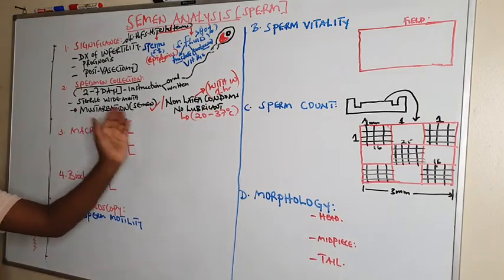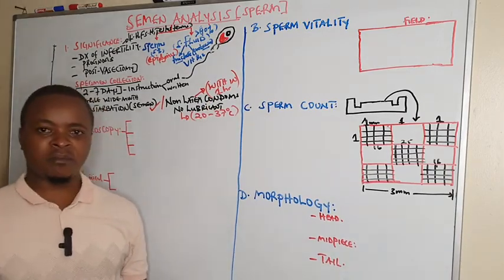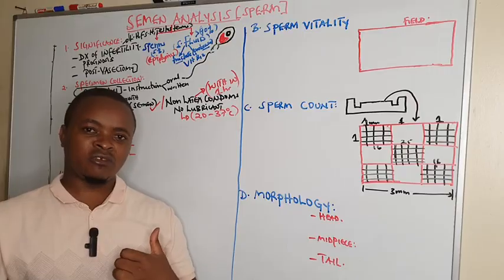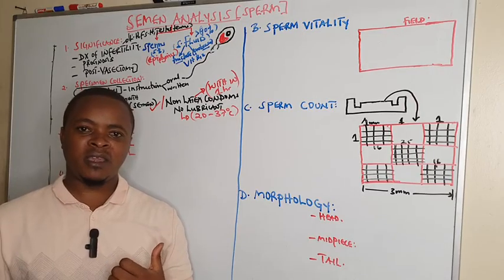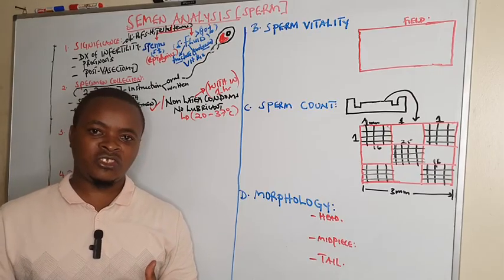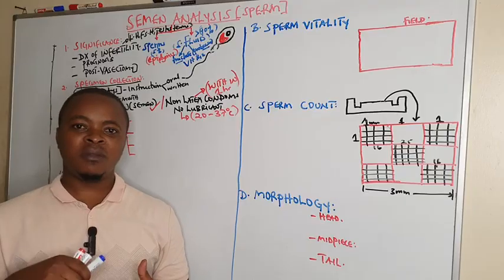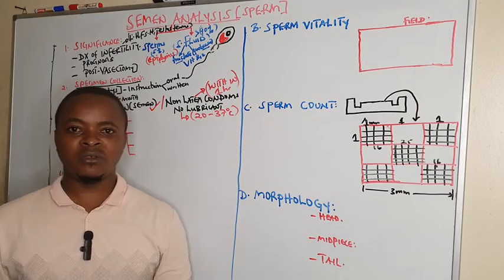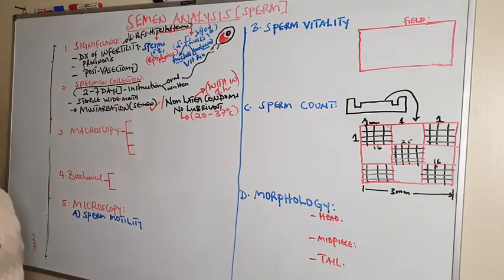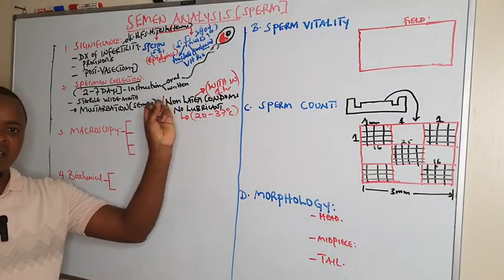After the patient has collected the semen sample, the container should be labeled with the name, the identification number, the age of the patient, the method they used, and the time of collection.